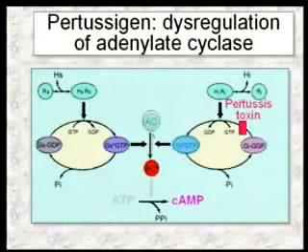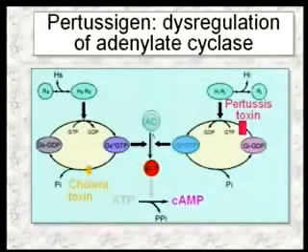Okay, so that's how it works. As opposed to that, Dr. Fox has already told you also that cholera toxin can do the same thing, but there the site of action is slightly different. The site of action here is the ADP ribosylation of the stimulatory complex.